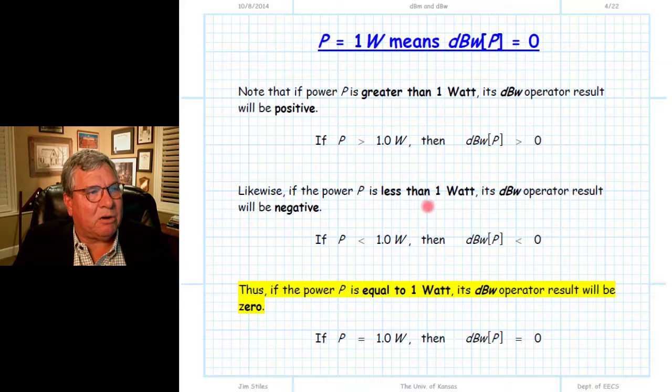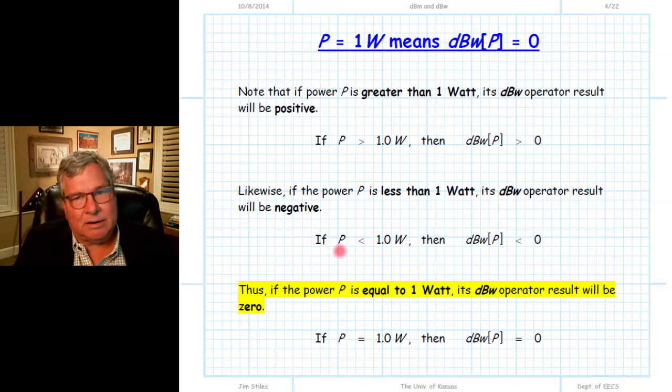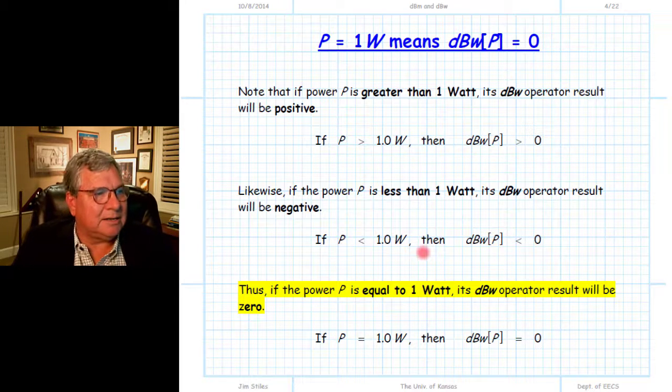Conversely, if we have a power that is less than 1 watt, then the ratio that we end up with is less than 1, and when we apply the decibel operator to it, we get a negative value. If the power that we are, again, trying to express is less than 1 watt, then we apply the dBw operator to it, we get a value which is negative.